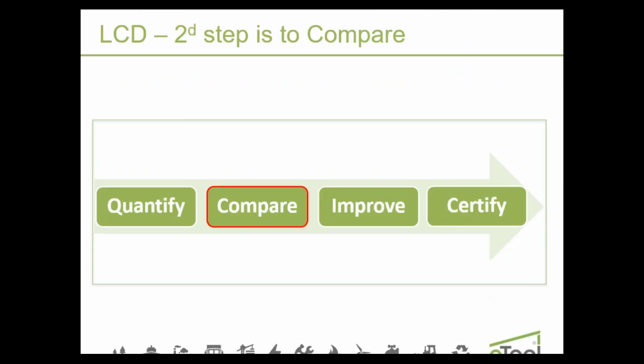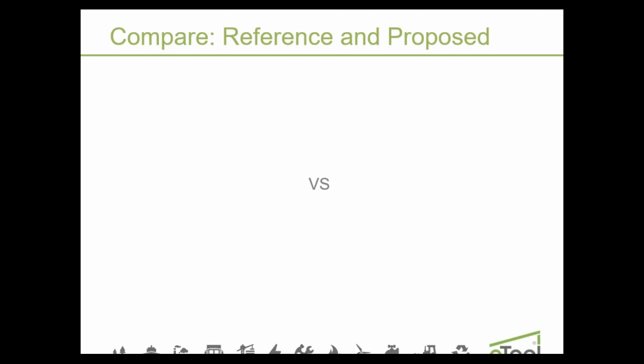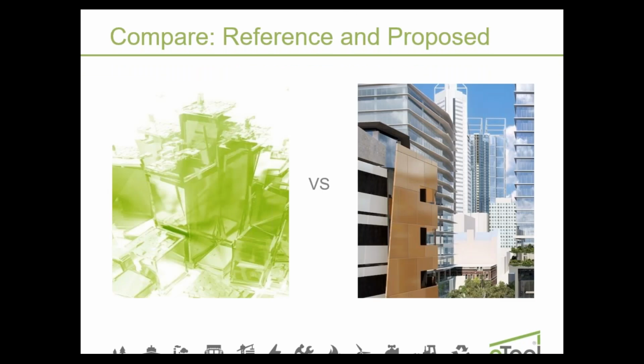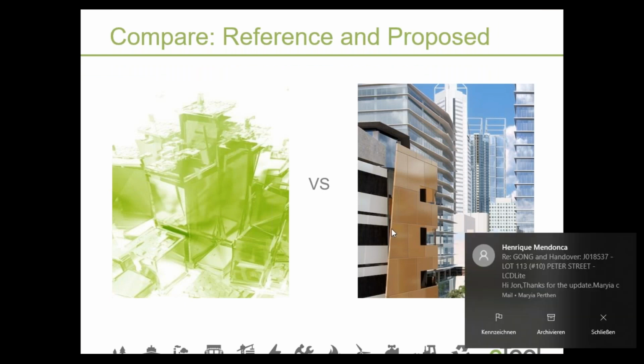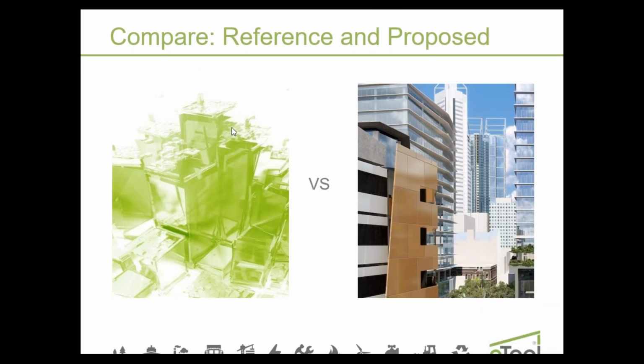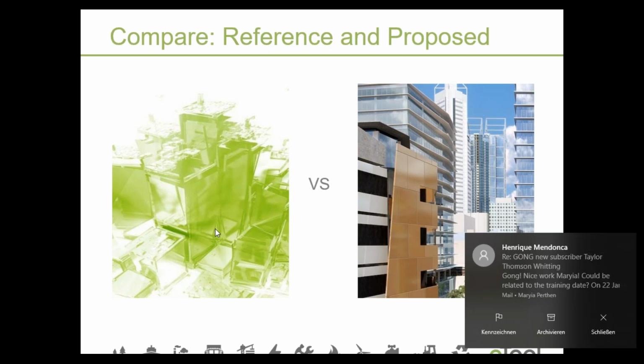The second step is to compare. So what are we going to compare now? We need to think about 2 different designs, right? So we're proposing a design for Green Star submission. This is our proposed design, and there will be a reference case, which is a benchmark, right?